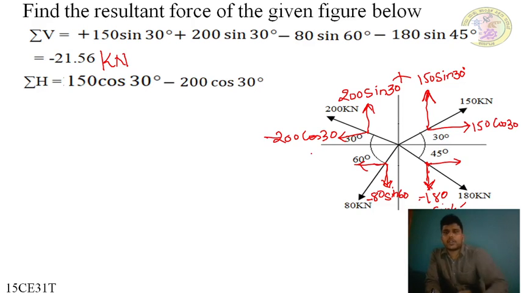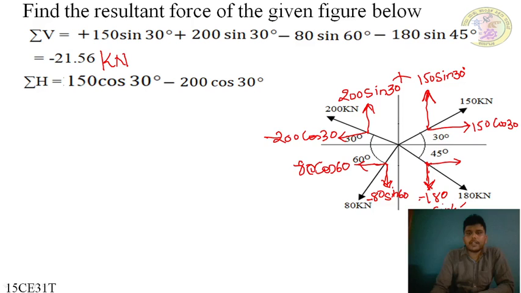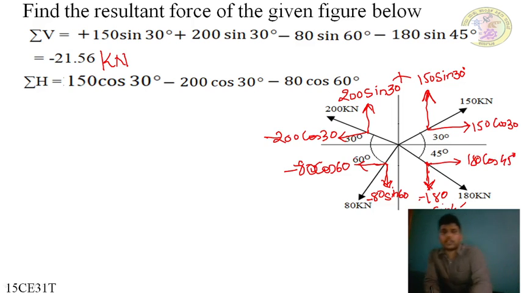Next, in the third quadrant it is also in the negative direction: minus 80 cos 60. Next is in the positive direction: 180 cos 45 degrees.